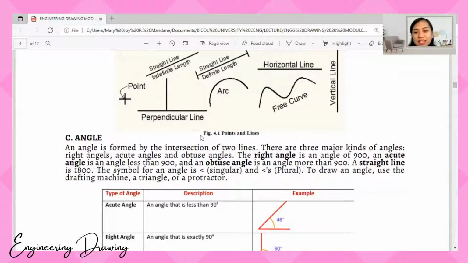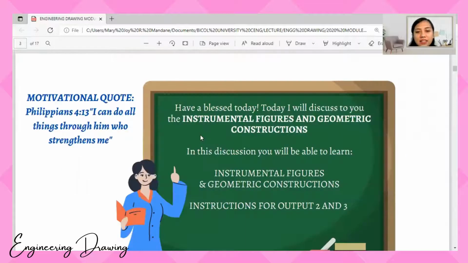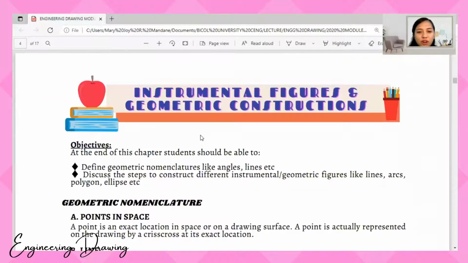And an obtuse angle is an angle more than 90 degrees. And the straight line is 180 degrees. So sorry for the typo. The symbol of an angle is that angular symbol, and okay, sorry for that.